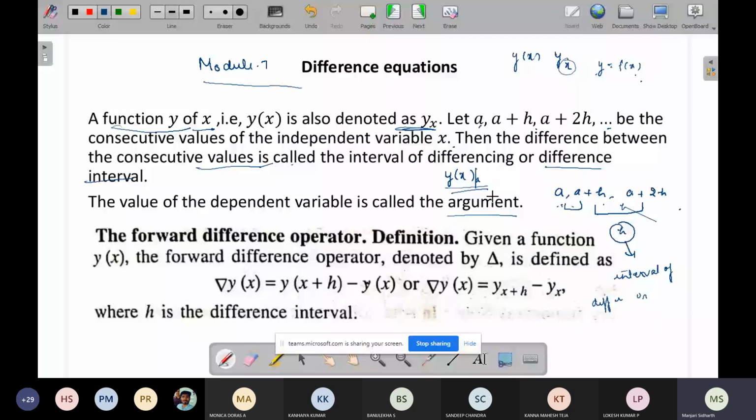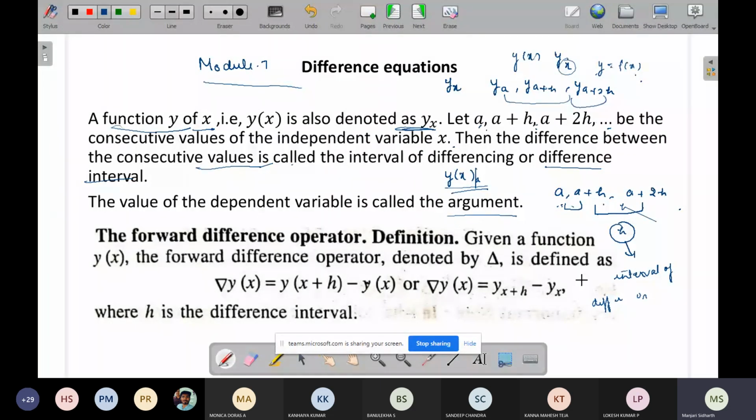So when we are writing the y value at x, and the x values are a plus h, a plus 2h, that means y of a plus h, y of a plus 2h. That means y value at x equals a. Y is a function of x, and the x value is a. Y value at a plus h. So these are the arguments.